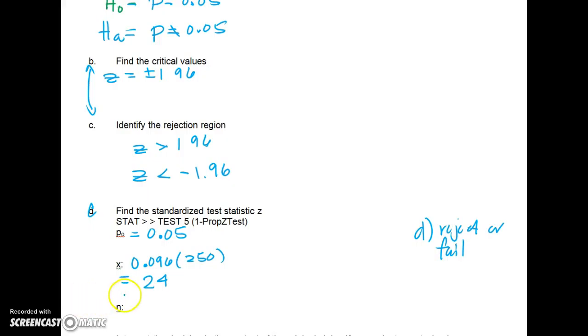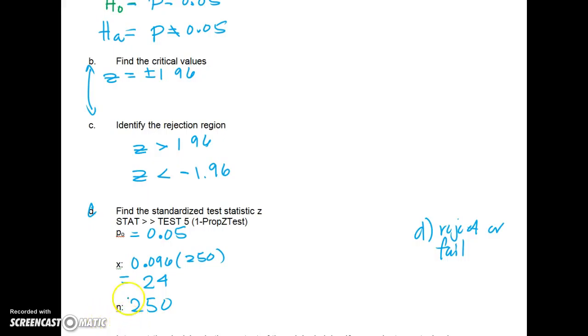Then when you scroll down for the N, that's the number of people that were in your actual sample. So that's going to be 250, because that's how many people were in there. So then you're going to go ahead and scroll down, and it's going to ask you proportion. It says PROP, and then there's a colon. So which one do you need?